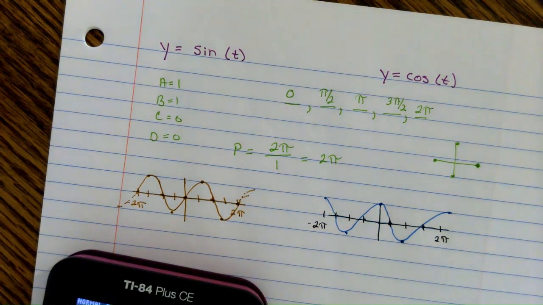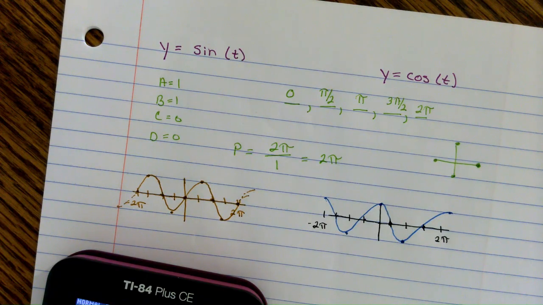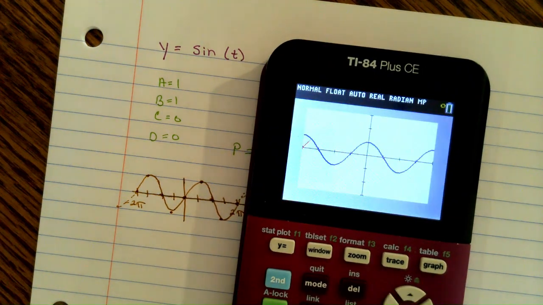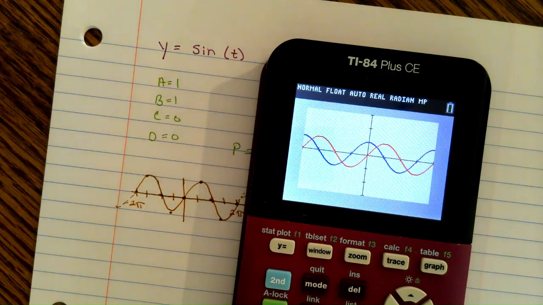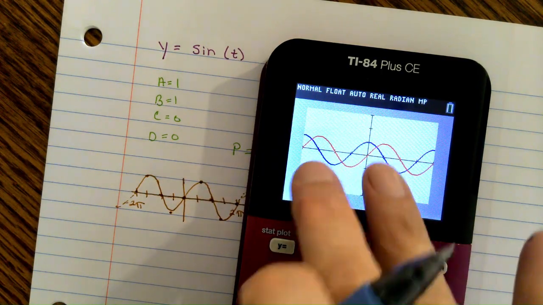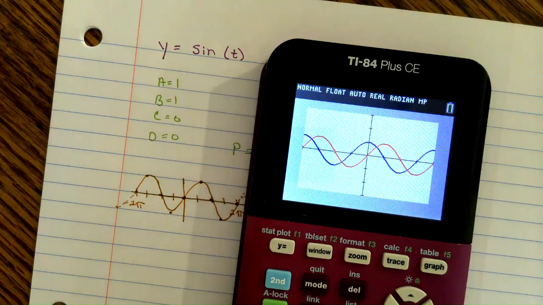Let's look at those on the same graph. Okay, so cosine will be in blue, sine will be in red. They're basically the same graph. I would just have to shift red left to be on top of blue, or shift blue right to be on top of red.